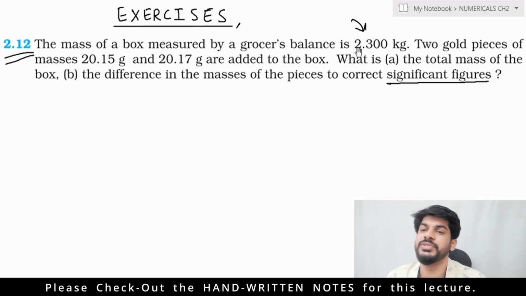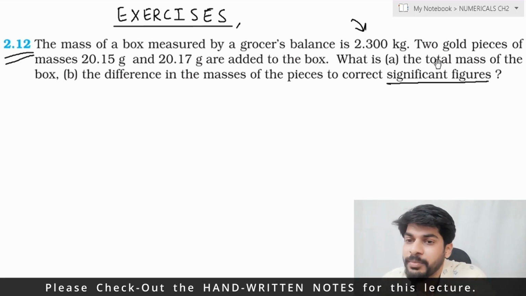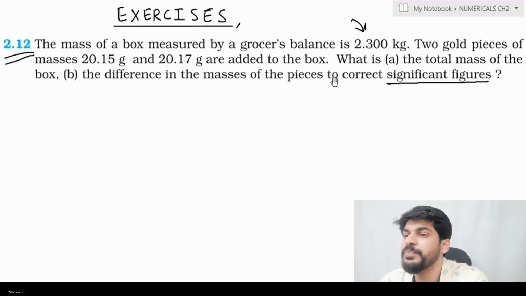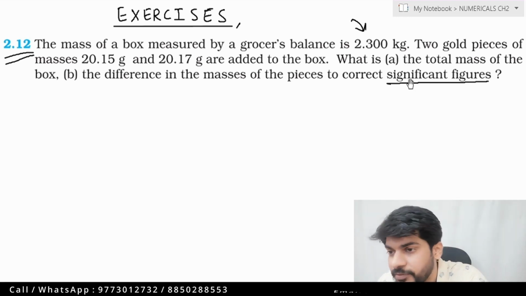Now, two gold pieces of masses 20.15 gram and 20.17 gram are added to the box. Two questions are there. What is the total mass of the box? And second, what is the difference in the masses of the pieces to correct significant figures?